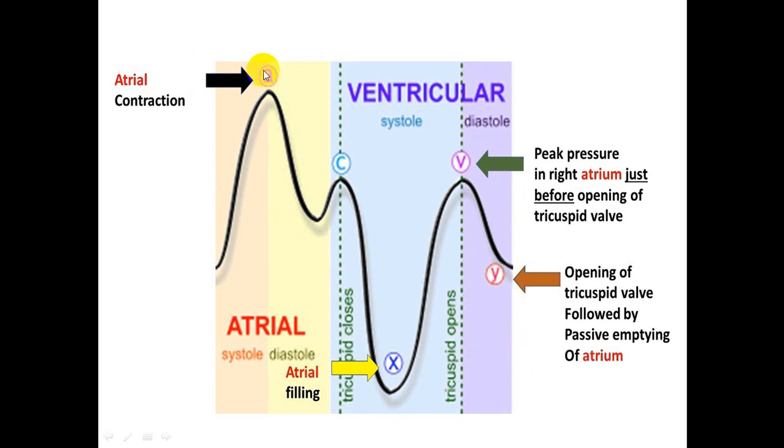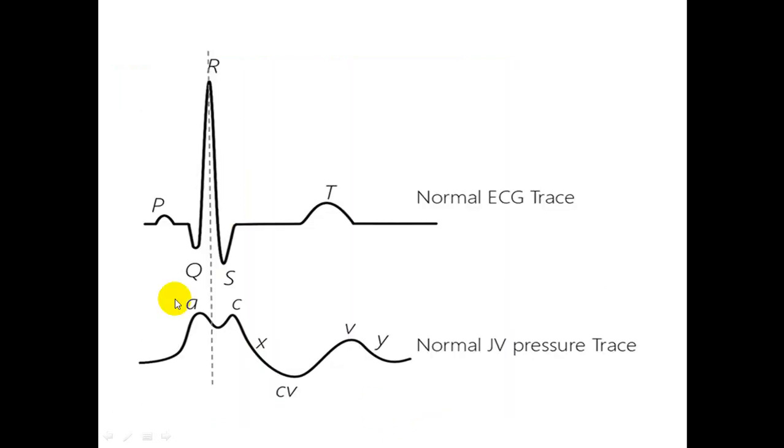So atrial contraction, and at the beginning of ventricular systole tricuspid closure, gives a C wave, then the X descent, and the V wave at the end of ventricular systole, and when the tricuspid valve opens, the Y descent. Look at these. The atrial depolarization and contraction give the A wave, while ventricular depolarization and the start of systole give the C wave.